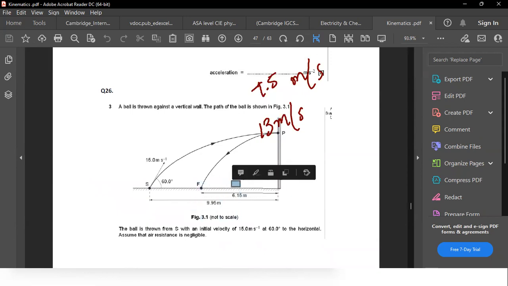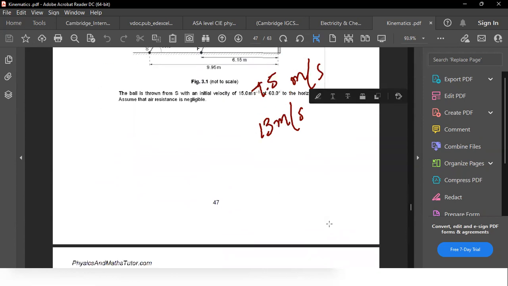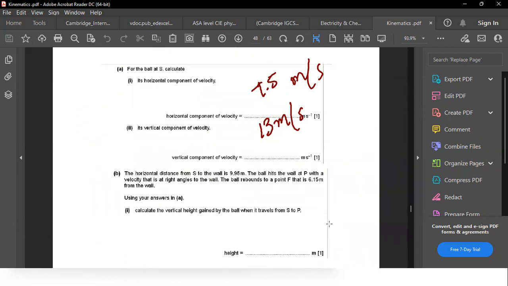You don't need to learn the values, but go ahead and read the question for your own understanding, so you know what's being asked. The horizontal distance from S to the wall is 9.95. The ball hits the wall at P with a velocity that is at right angles to the wall. The ball rebounds to a point F that is 6.15.